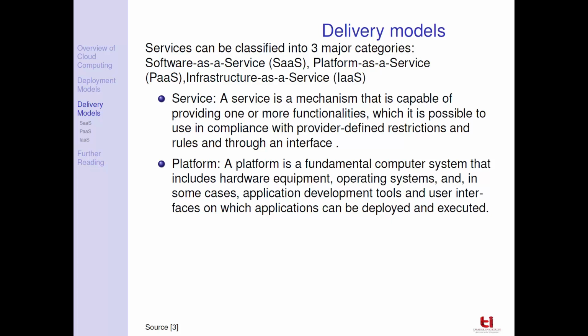Google App Engine is a platform which is provided on cloud. So Google App Engine allows the user to build and deploy the applications. So it gives them the hardware and the operating system and maybe the application development tools which are required for developing and launching the application.